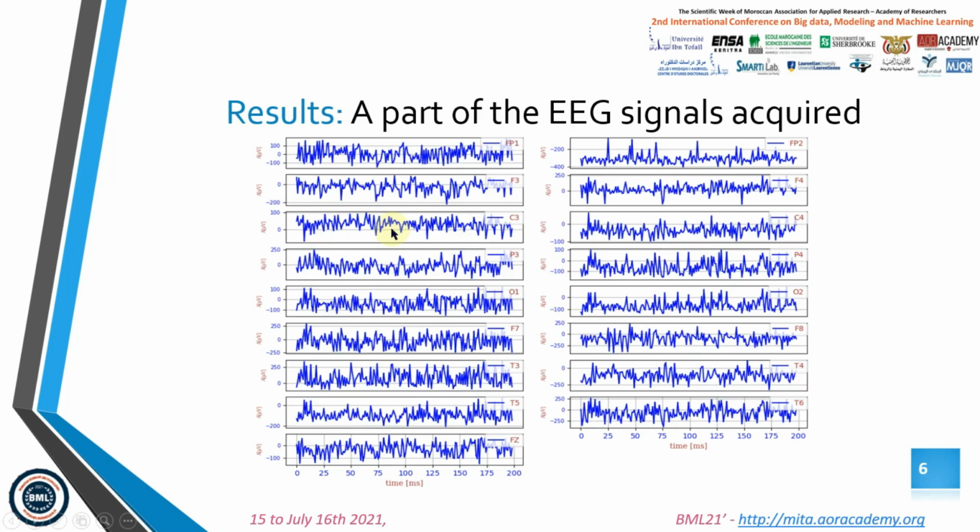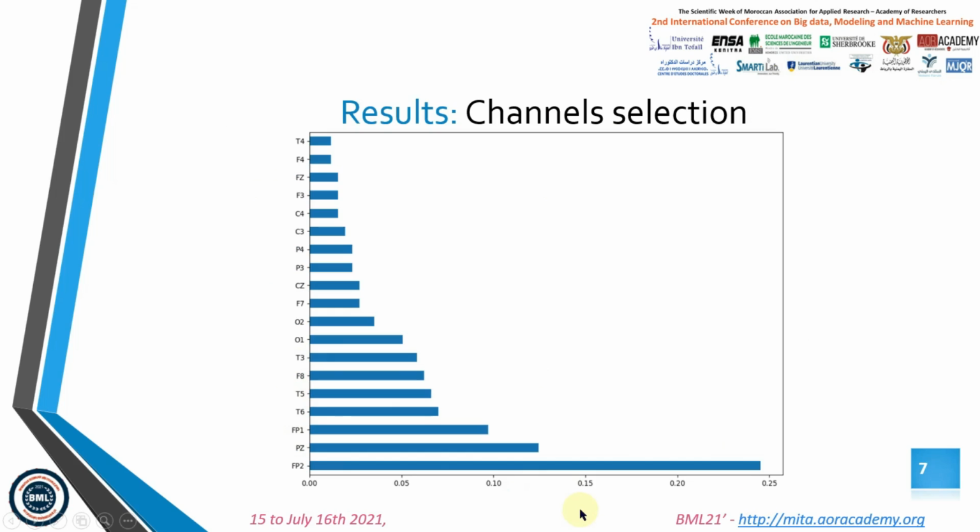In this slide we can see a part of the EEG signal acquired using the NeuroFax device for the different 19 channels. After the application of the AdaBoost to get the channel importance, we can see some channels are very low, and there is a high importance degree for some channels that can be used for the classification and the prediction stage, like the FP2 and the PZ, FP1, T6, T5, F8 and T3.